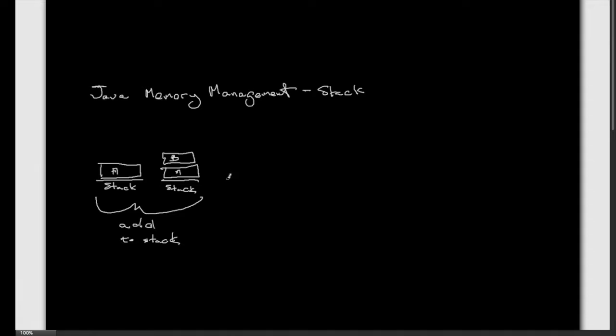So that's why it's called a last in, first out data structure, because this item B was the last item onto the stack, and it's going to be the first one you remove. Then after you removed item B, you can remove item A, and you end up with an empty stack. Okay.